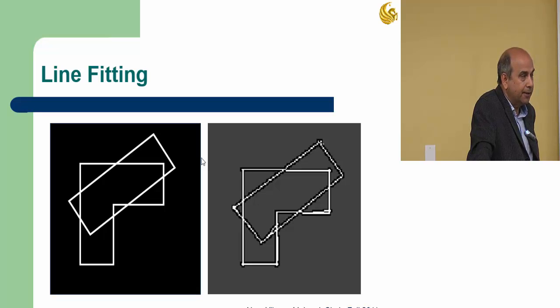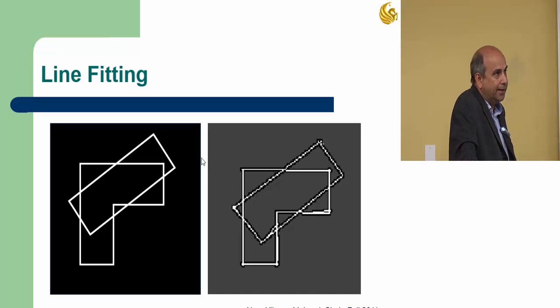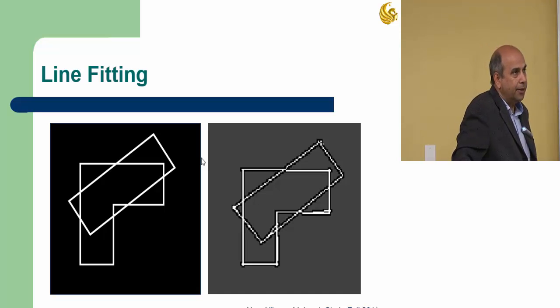Then the bigger question is, how do you know which points are inliers and which points are outliers? That's the biggest problem with the least squares fit, where you are using the sum of squares of errors. Another big problem is that this will work only for a segmented line, where we know this bunch of points belongs to this line.